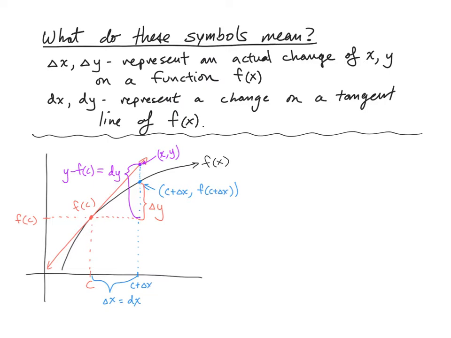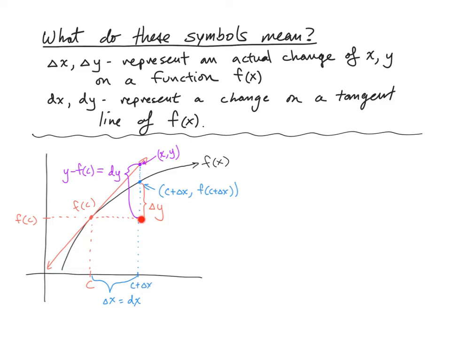Alright, so delta x, as you can see down here, delta x is some change in x. It also consequently is equal to dx, and I'll get into that a little later. But for now, on this function, if I move over to the right some specified amount of x, some change of x, the x-coordinate now becomes c plus delta x.